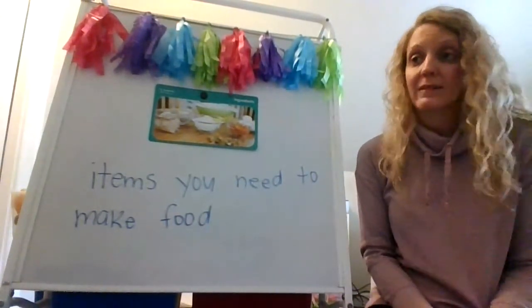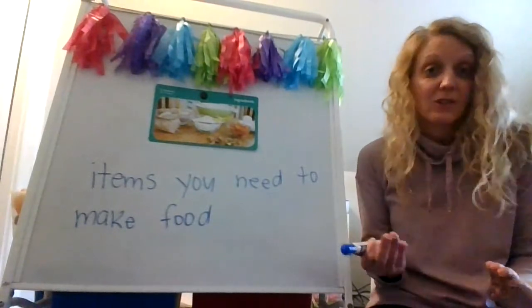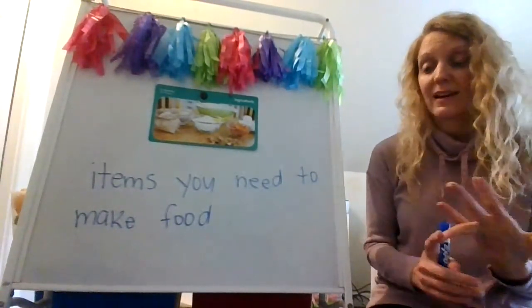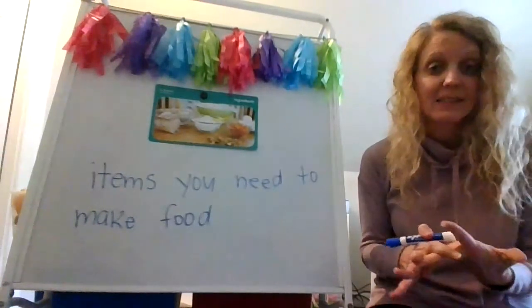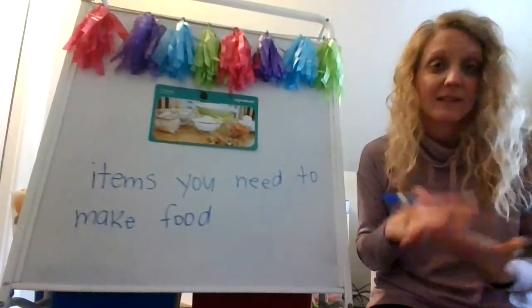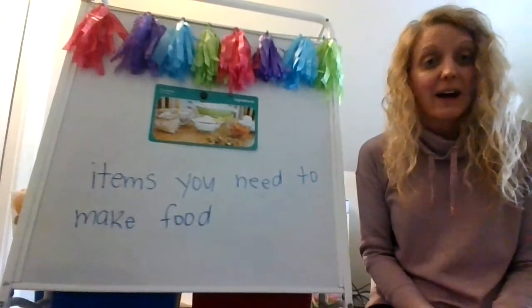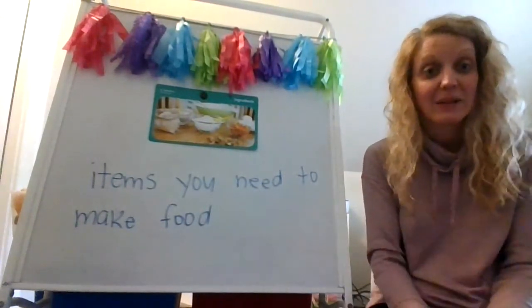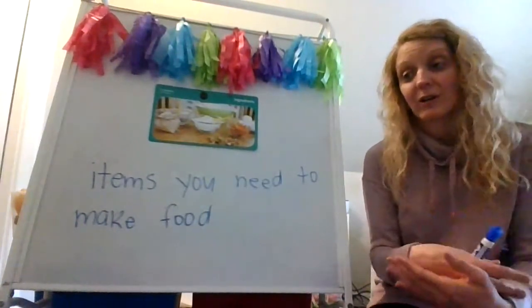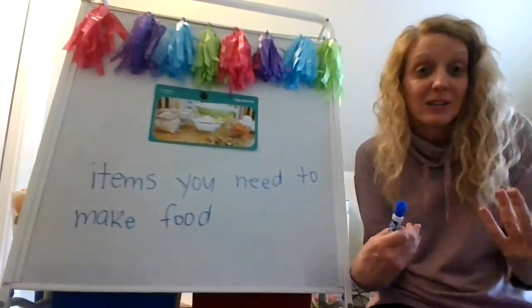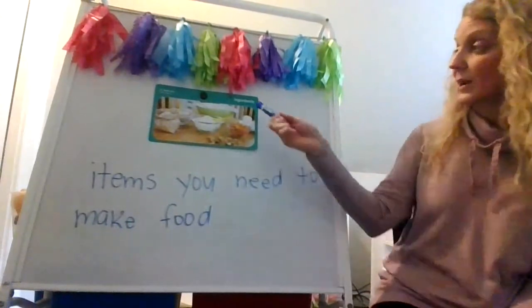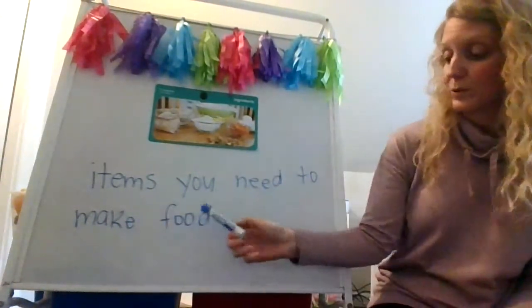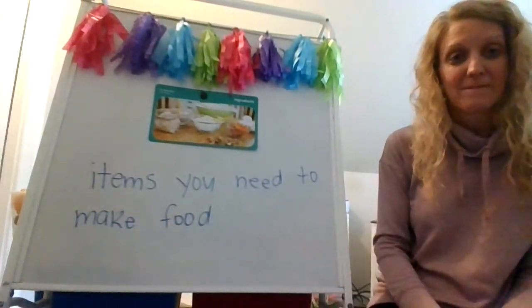For example, if I wanted to make a sandwich, the ingredients might be bread, cheese, some kind of meat, maybe lettuce, tomatoes. But if I'm going to make cookies, I need different ingredients. I would need things like flour, sugar, eggs, chocolate chips. So ingredients are items you need to make food. Okay.